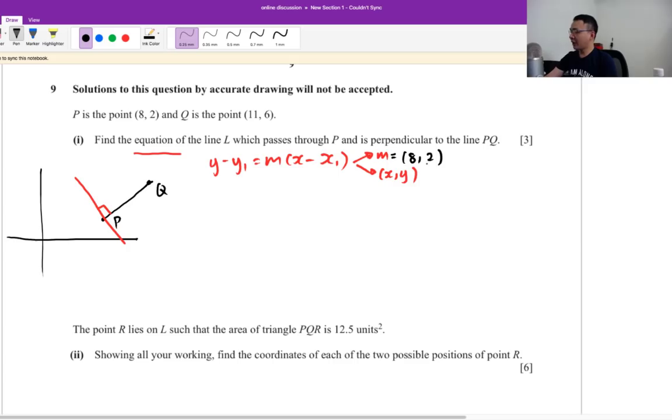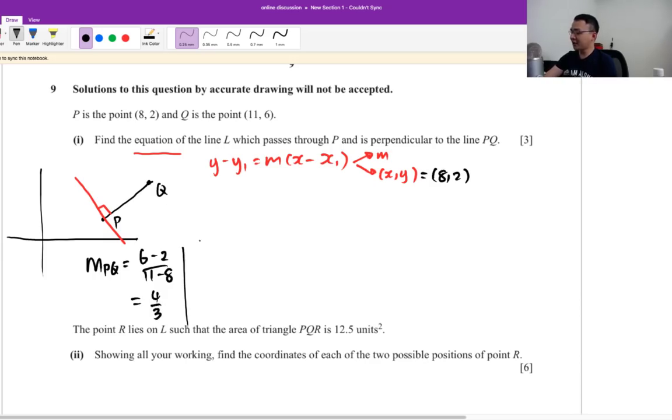That's a good thing for us. But we do not have the gradient, so we need to find the gradient first. I will find the gradient of PQ first, using 6 minus 2 over 11 minus 8. I get 4 over 3.